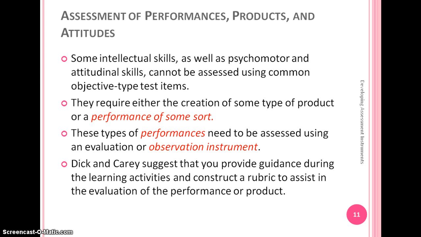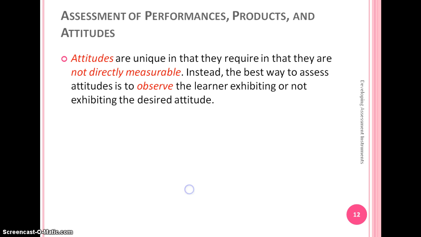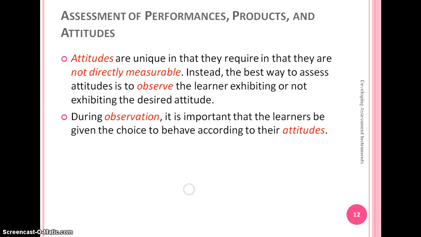So Dick and Carey suggest that you provide guidance during the learning activities and construct a rubric to assist in the evaluation of the performance or product. Okay, so attitudes are not directly measured. The best way is to assess attitudes through observation.